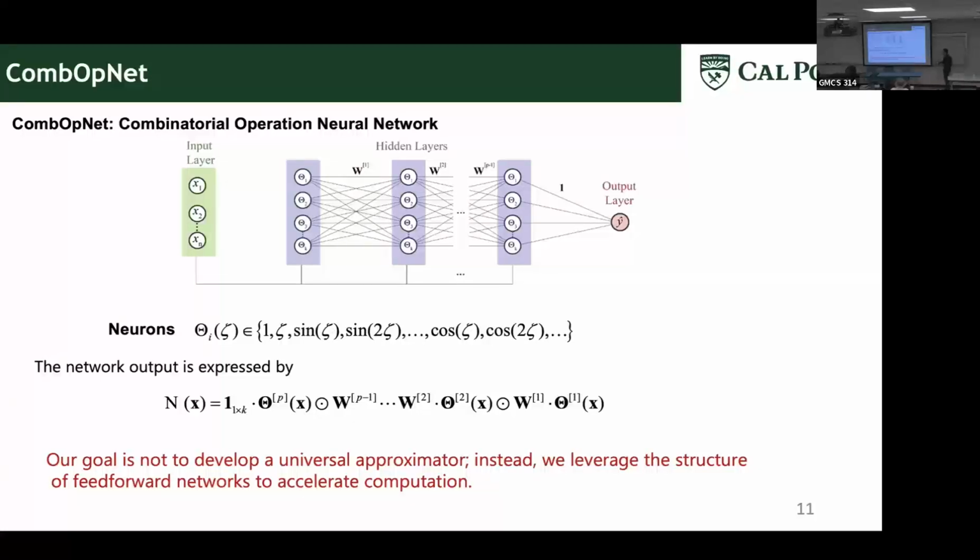Let's say they just use a monomial, so we have 1, x1, x2, up to xk. And the second layer, you're going to do the same. So each layer is just augmented by 1 here. This is going to be your input, and you just feed it to each layer.